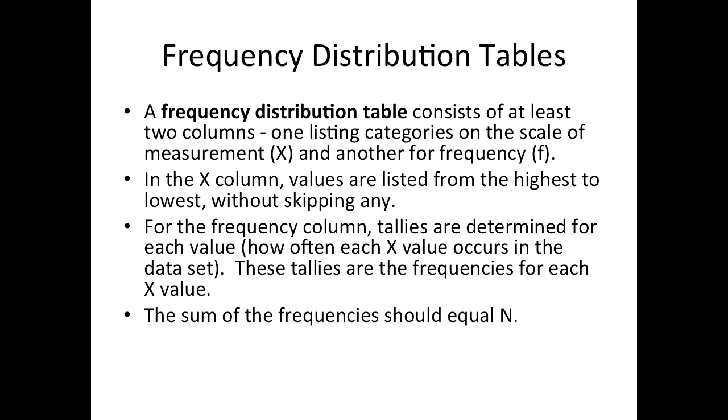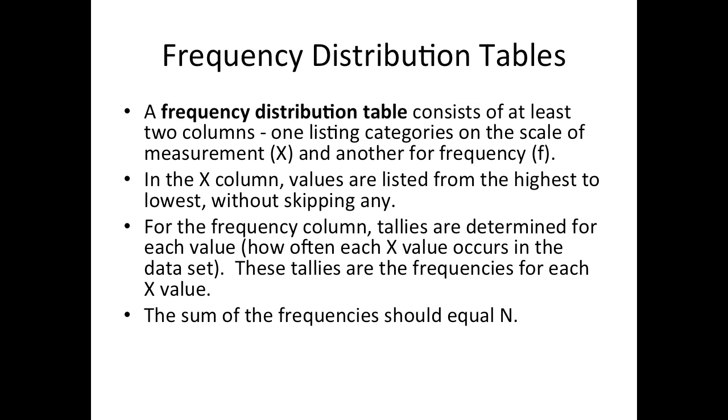A frequency distribution table consists of at least 2 columns, one listing the categories of the scale of measurement, so your x's, right? And another one for the frequency, how often each score occurs. In the x column, the values are listed from the highest to the lowest without skipping any. This is called an ungrouped frequency distribution.